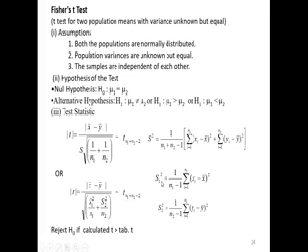So first we want to understand whether we are to go with this formula or with this formula. That is whether we have to go for pooled variance, as you can see here, or with individual variance estimates. When you do this in SPSS, it will tell the entire story together.